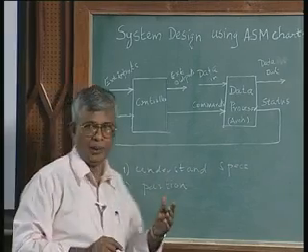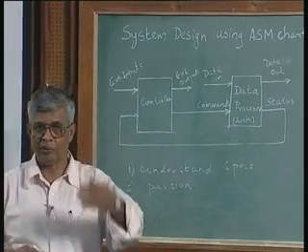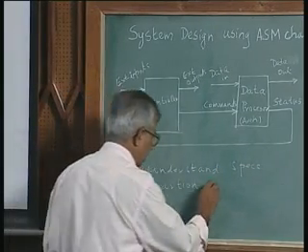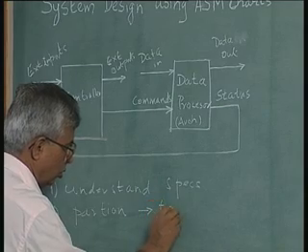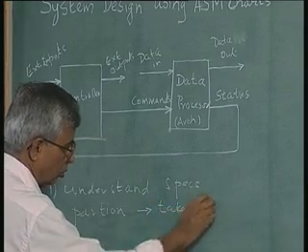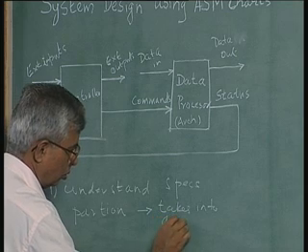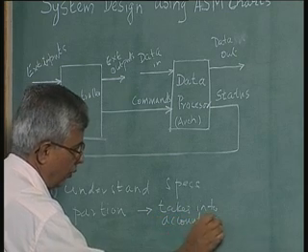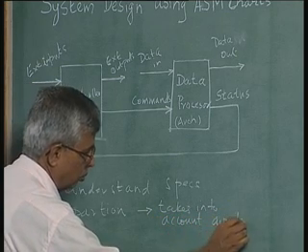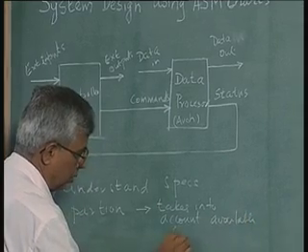After understanding the specifications, you partition. The partitioning will be done taking into account what is available and what is not available. So, it takes into account available functional blocks.